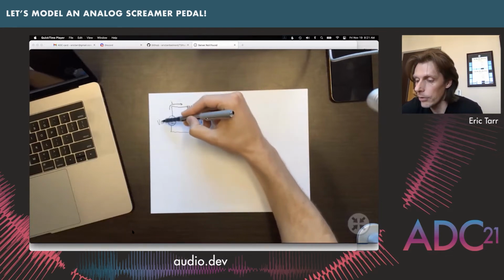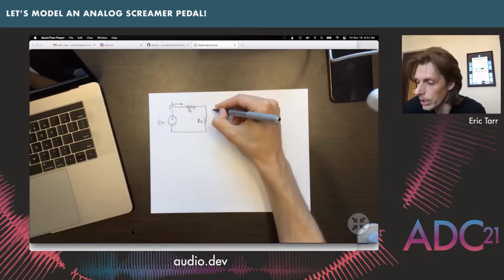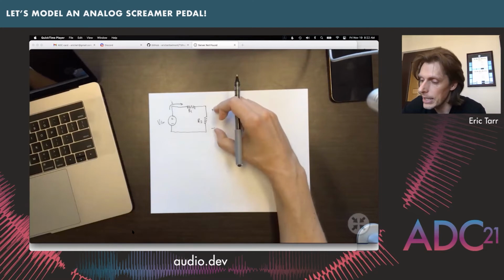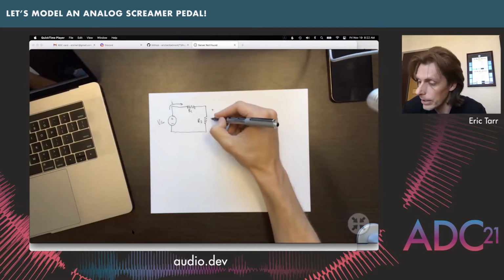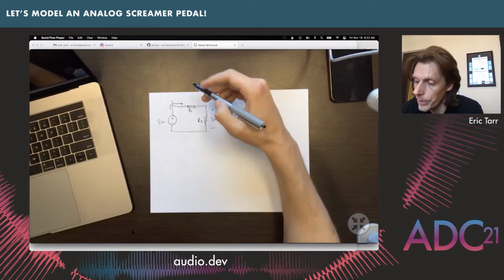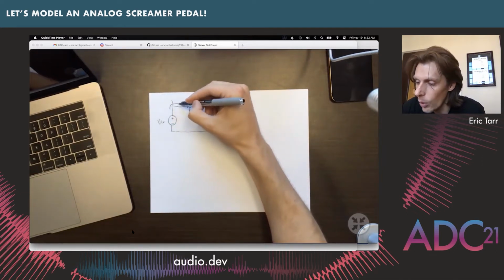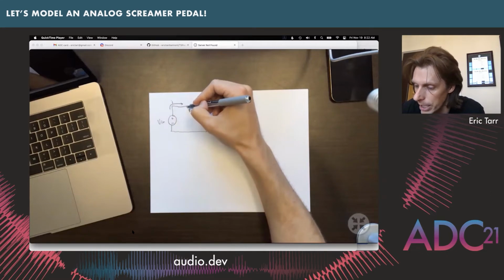We have some voltage input, and we're going to go over here to some voltage output. So, we could define and say, this is going to be the output of our circuit that we're interested in. So now we're able to set up two different voltages that could happen at different places in our circuit. So there's one voltage that occurs over here between anywhere along this wire up until this resistor right here.